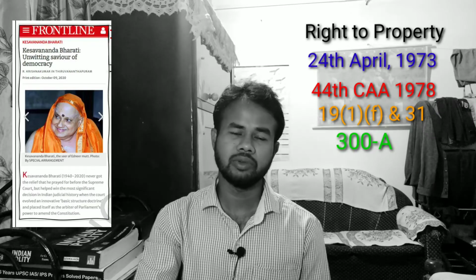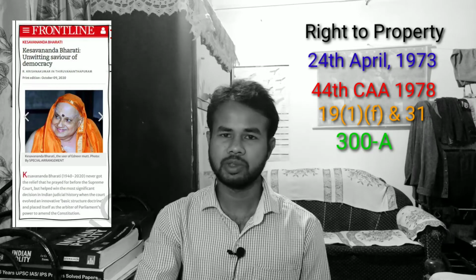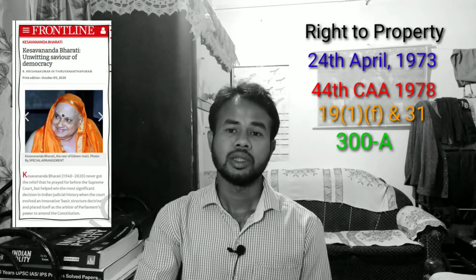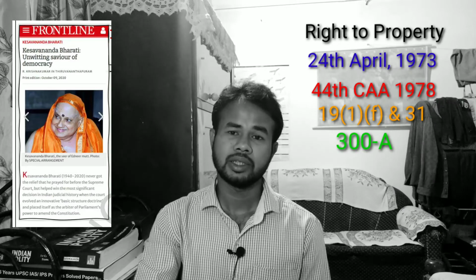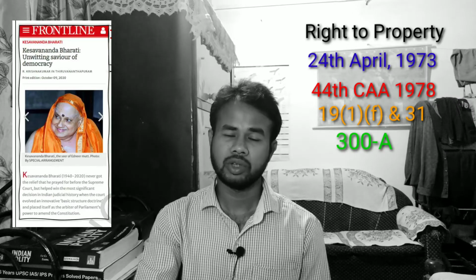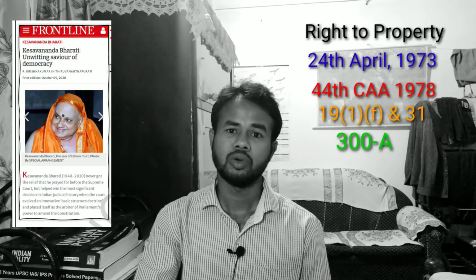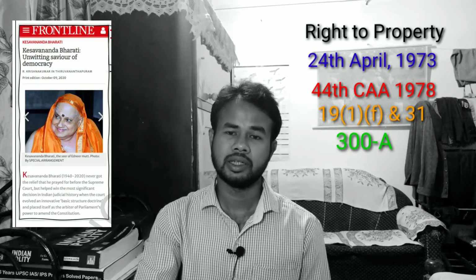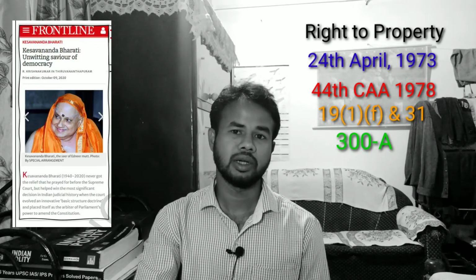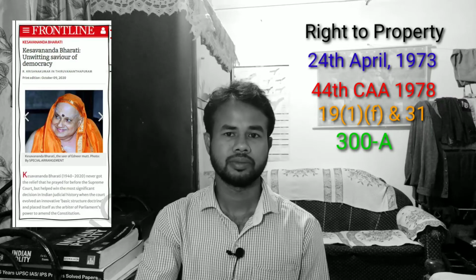What are the important things to remember from the exam's point of view? The 44th Amendment Act 1978 was the Constitution Amendment Act which deleted the right to property as a fundamental right and made it a legal right.